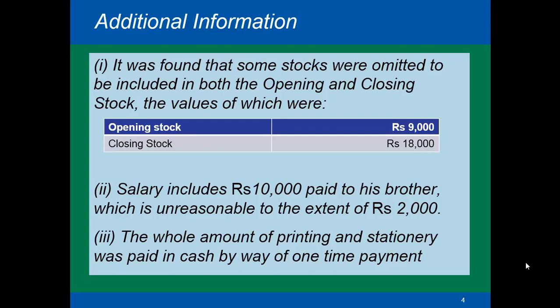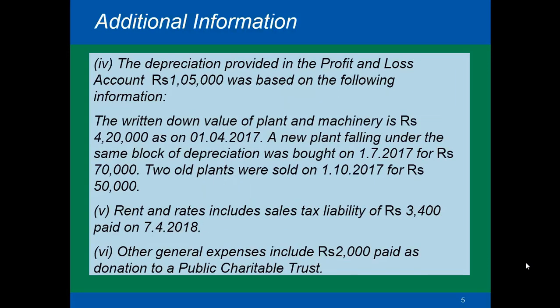Now the depreciation provided in the profit and loss account, rupees 1 lakh 5,000, was based on the following information. The written down value of the plant and machinery is rupees 4 lakh 20,000 as on 1st of April 2017. A new plant falling under the same block of depreciation was bought on 1st of July 2017 for rupees 70,000.